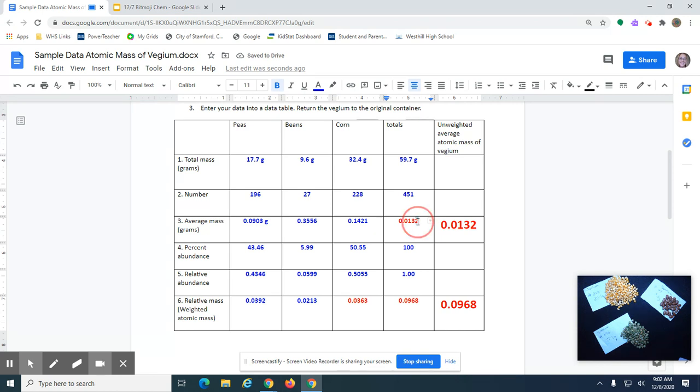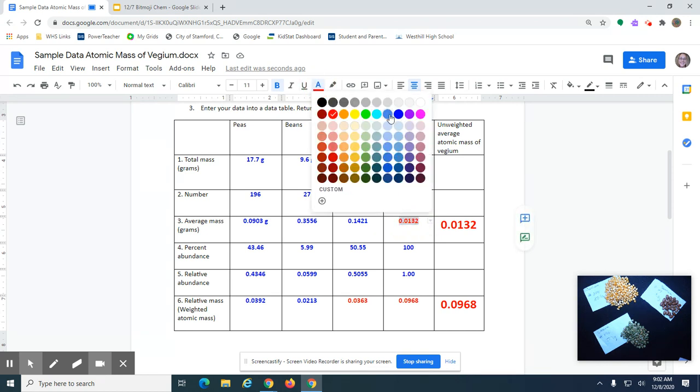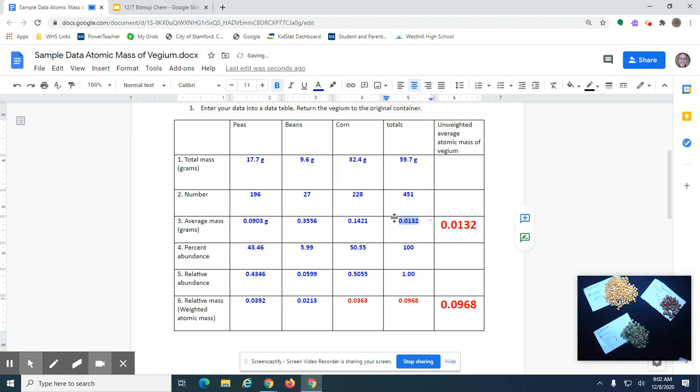And then this was also a mistake. This one's a little easier to fix. I just put my decimal in the wrong spot. And I believe this number was a 0 after it. So I'm going to leave this red just for now. And then these numbers down here are all going to be different.